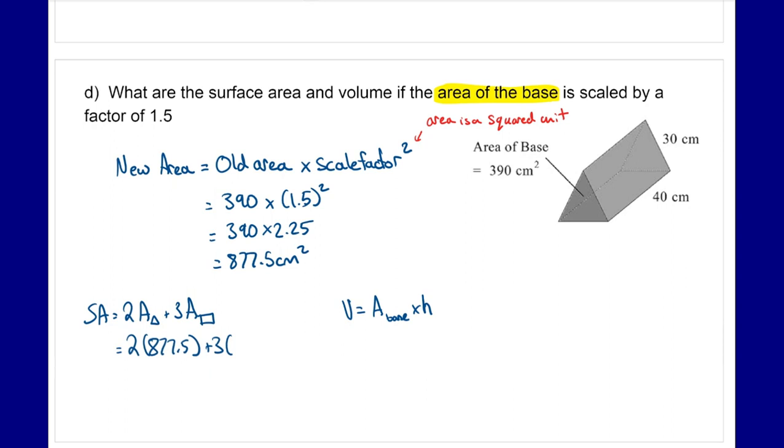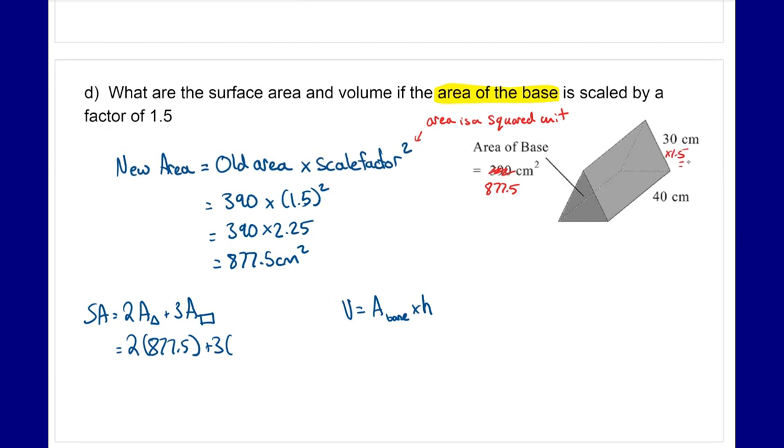So we need to go back, no, sorry, not that. My mistake again. Because the area of the base has been scaled by 1.5, the length of the triangle has to be scaled by 1.5, because that contributes to the area.